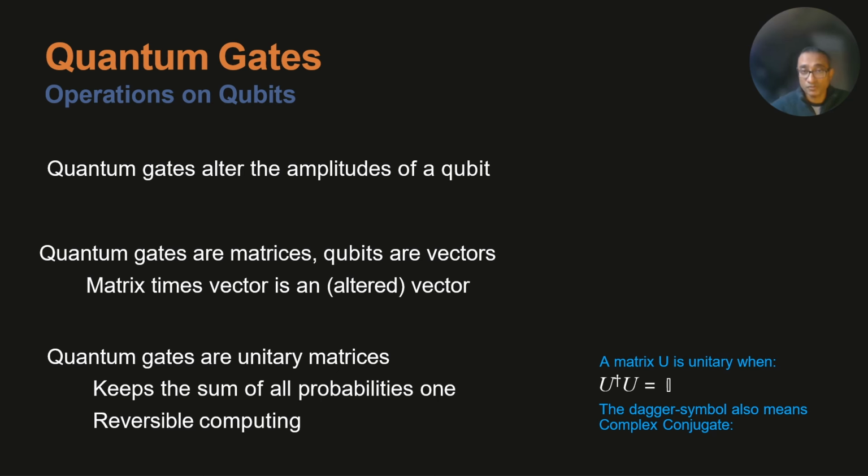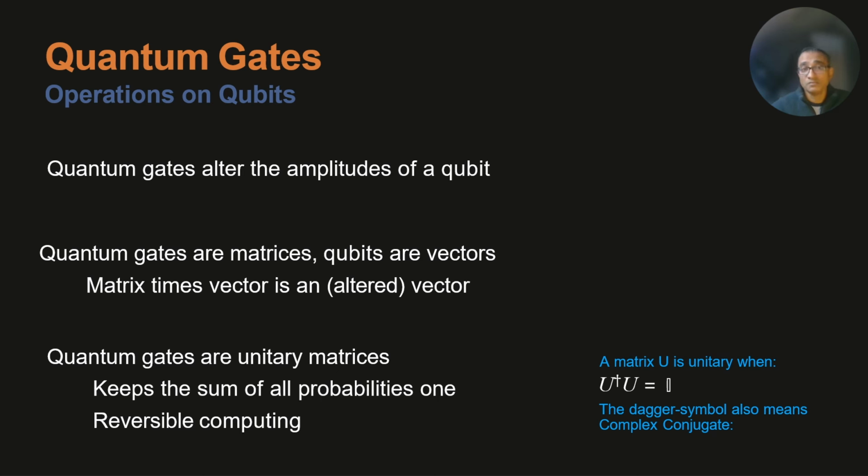If you draw a parallel to the number system, unitary matrices represent what the number 1 represents in the numeric system. The purpose of unitary matrices is that they keep the sum of probabilities at 1. As we said, if you square the amplitudes of a qubit, the sum total should add up to 1. So all the probabilities should add up to 1.